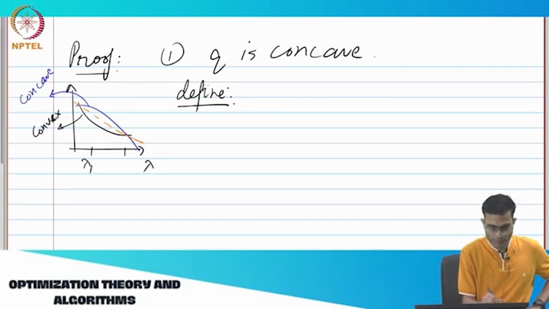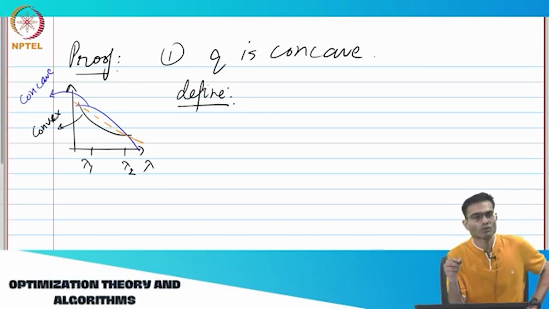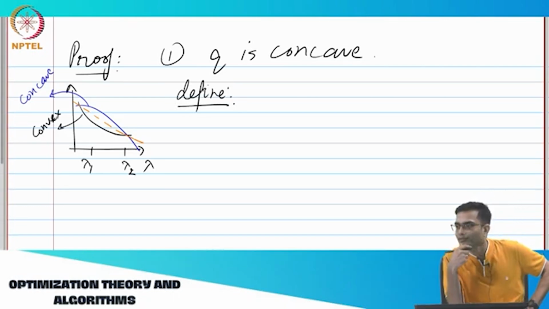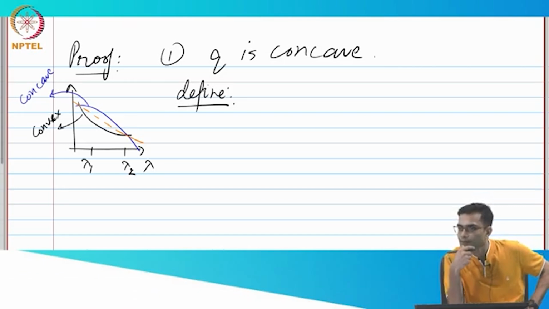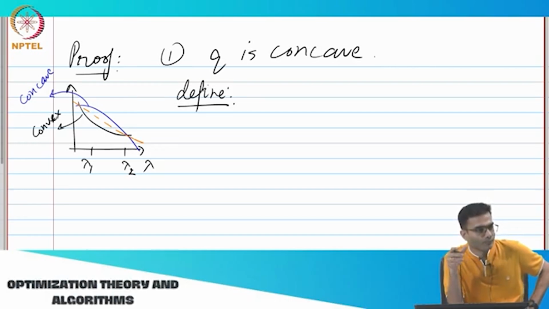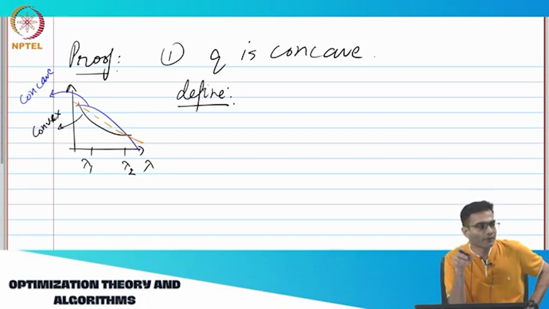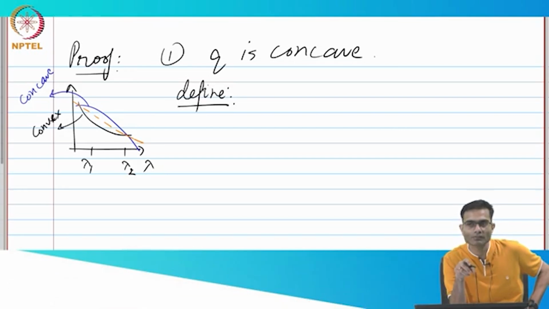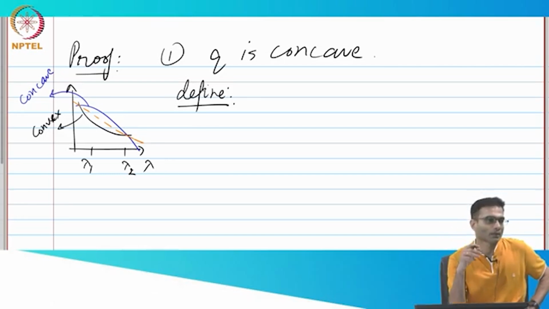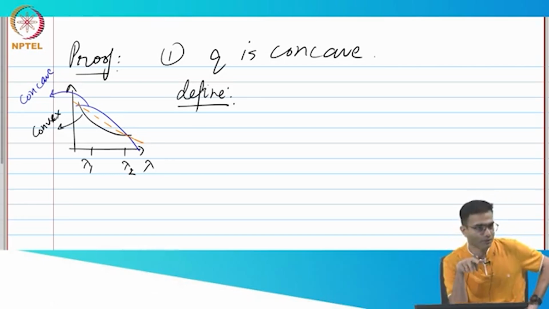So let's say this is lambda 1, lambda 2. So what would be the definition of a concave function? It's just analogous to convex, but what is the difference? Correct. So in words, the function value lies above the line joining the 2 points, right?